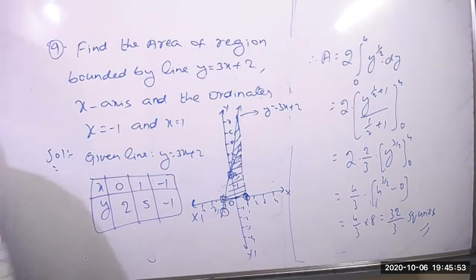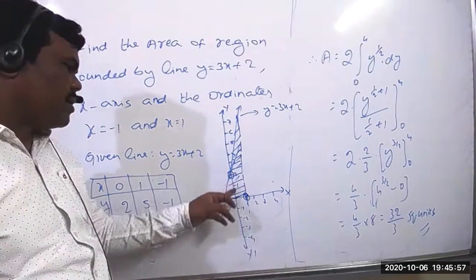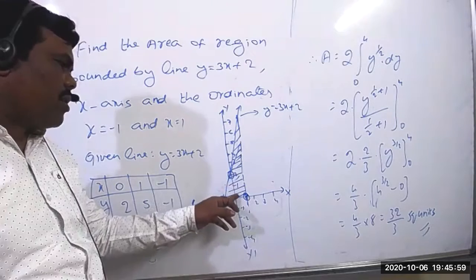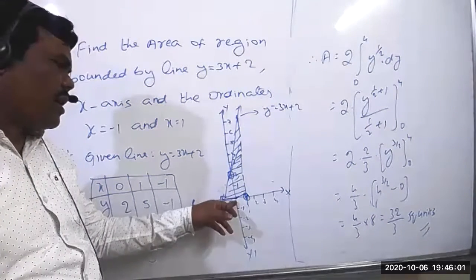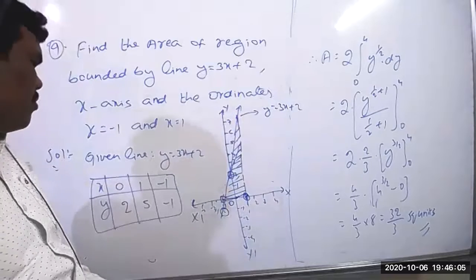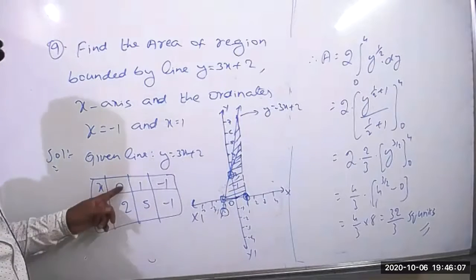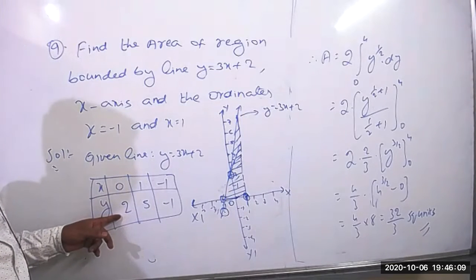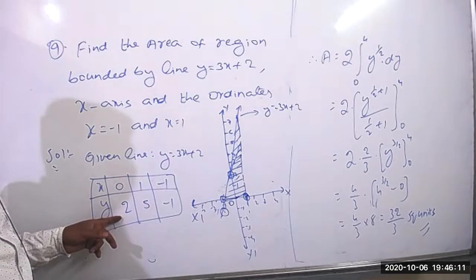But generally you can do one more thing here. Suppose we have to find this limit, when we are taking x equal to 0 here, I can substitute x equal to 0 in the given line. What do you get? Tell me. X equal to 0 substituted there, so the value of y equal to 2.